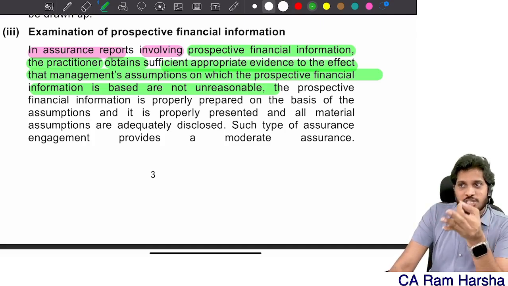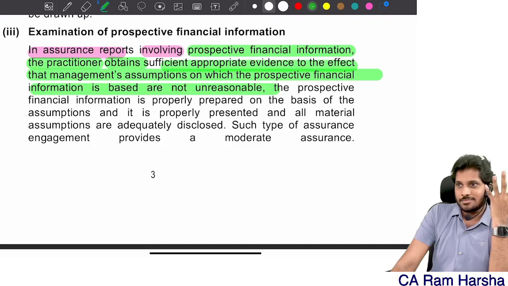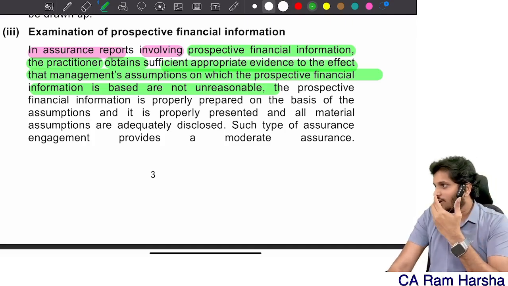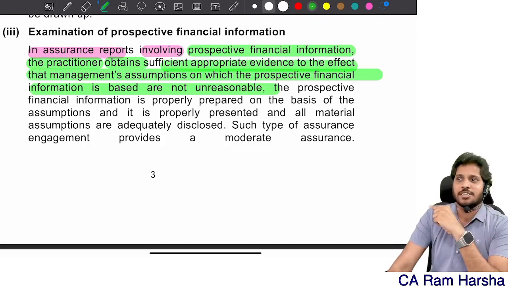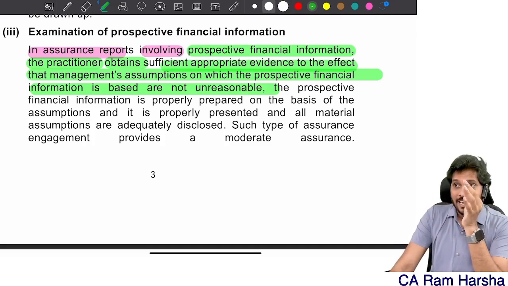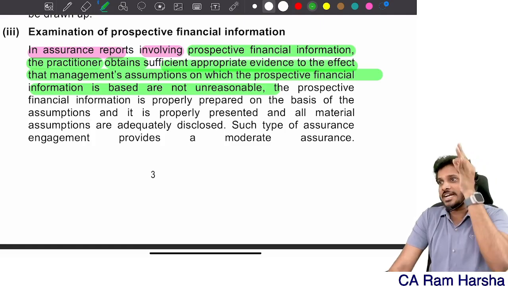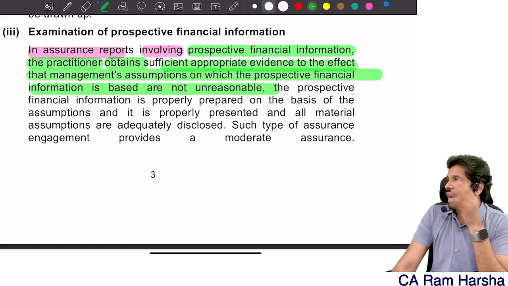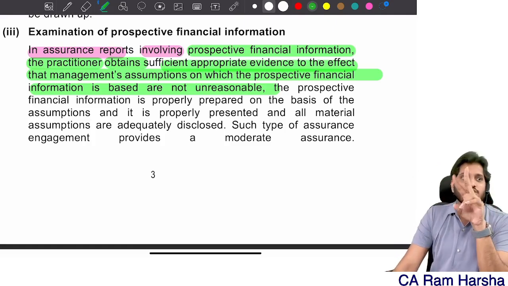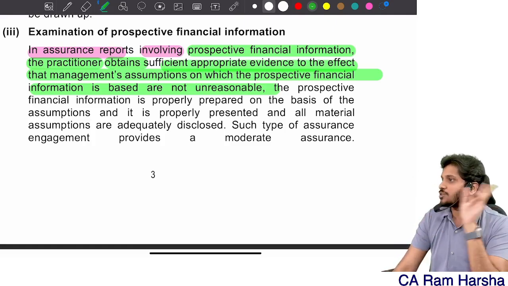Are these assumptions reasonable or not, we will verify. When we give assurance on prospective financial information, we don't give assurance on the numbers. We give assurance on the assumptions used to generate these numbers. So whether the assumptions used are reasonable or appear not reasonable, that is what we verify in PFI.